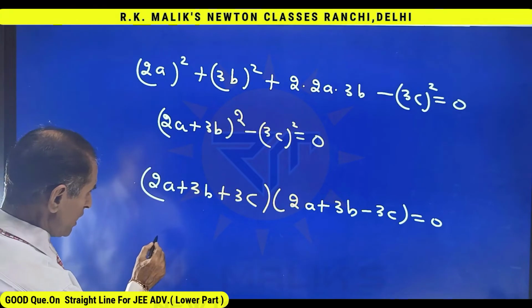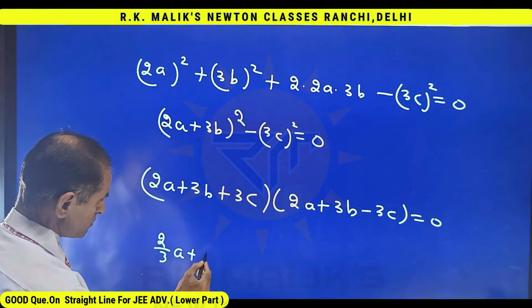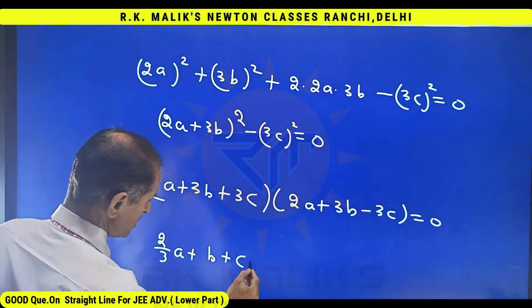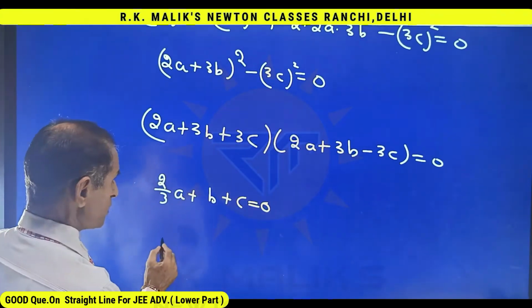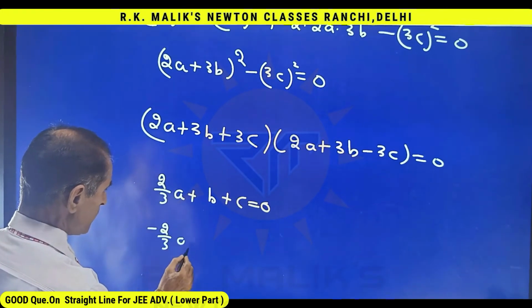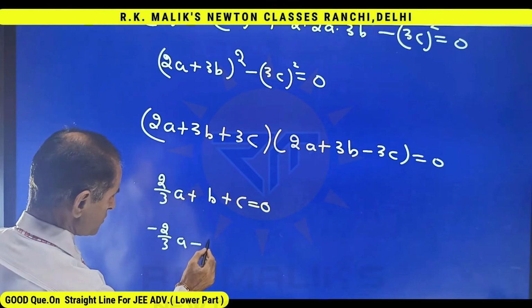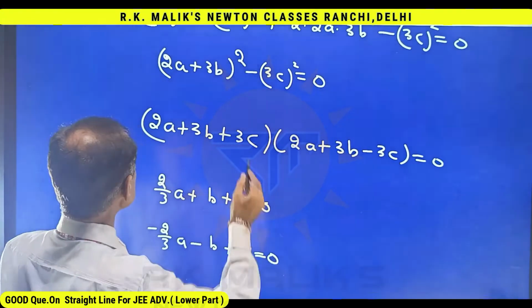Because this can be written as 2/3 a plus b plus c equal 0, and this can be written as minus 2/3 a minus b plus c equal to 0.